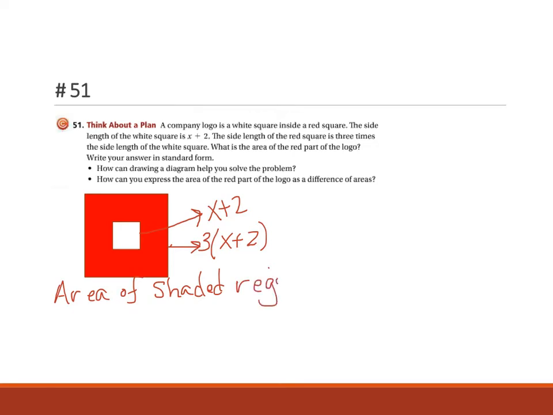Region. We're going to take the outside area and subtract the inside area. So this gives us a clue as to what we're going to have to do. So to find the area of the red part, we're going to find the area of what we call the shaded region.